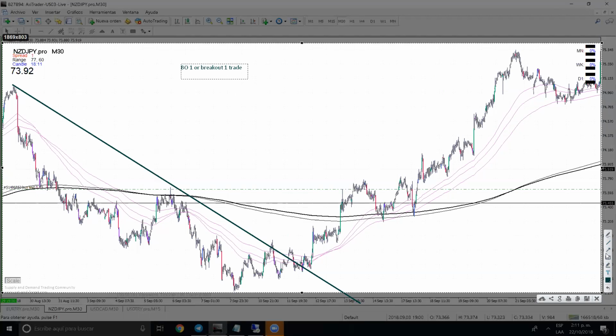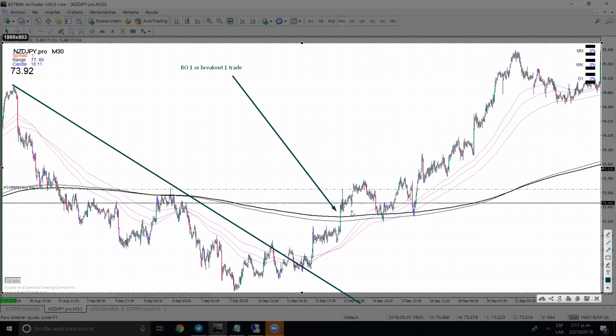For this trade, look at this candle. The price crosses the tunnel and the wave, and the price goes to the other side. The price breaks out of the tunnel and this downtrend.